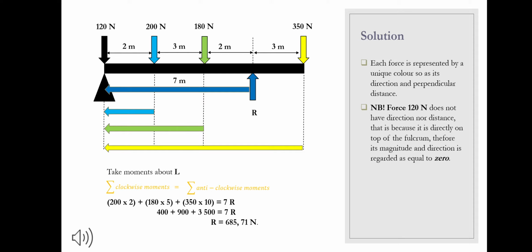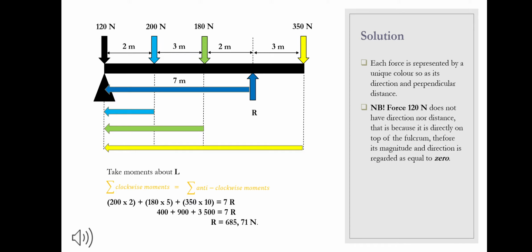This force's perpendicular distance is 2 meters to the fulcrum, and if this force is pushed downwards, the beam will rotate in a clockwise direction. Let's do the same with 180 newtons force, which is the second closest force to the fulcrum. Its perpendicular distance is 5 meters to the fulcrum, and if this force is pushed downwards, the beam will rotate in a clockwise direction.